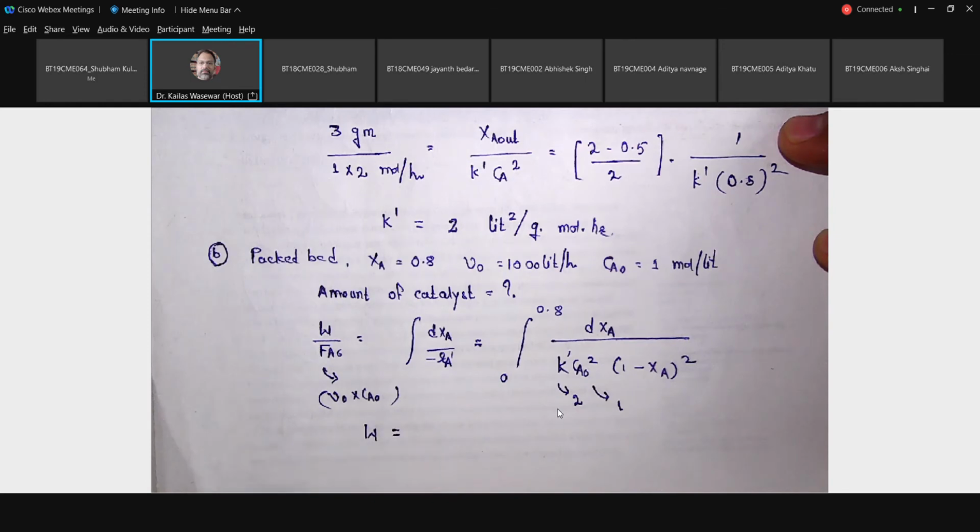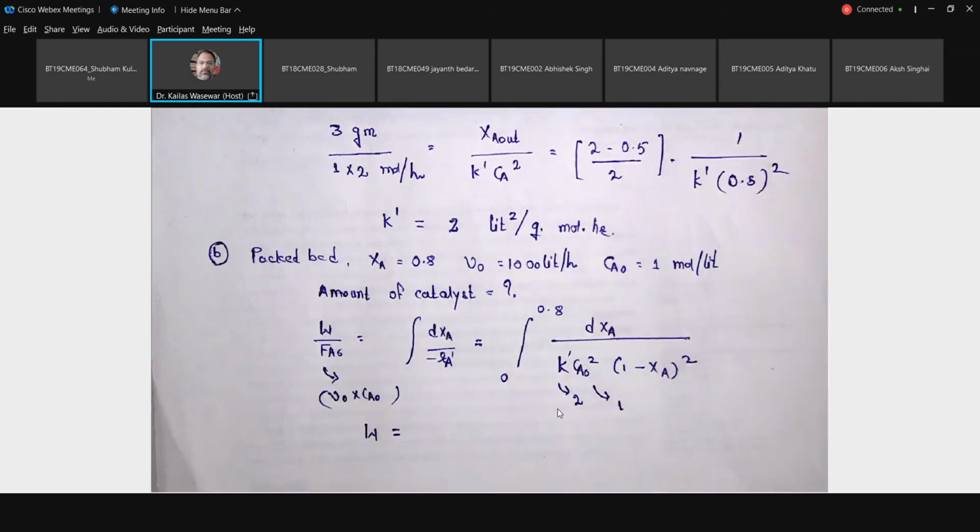So what is the value of W here? Just try to do the calculation. What will be the W value?